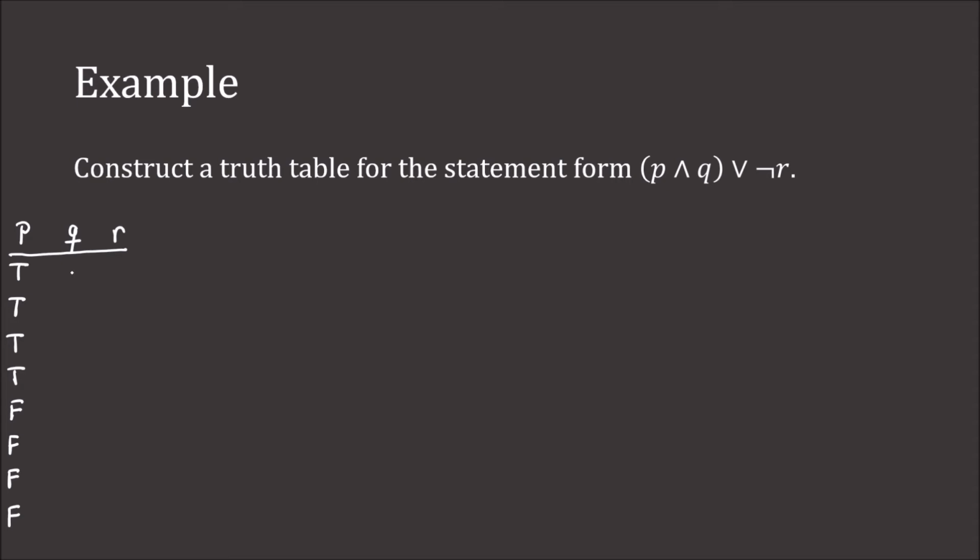For Q, let's do 2 true, then 2 false, then 2 more true, and then 2 more false. And for R, we'll just alternate true, false, true, false, true, false, true, false.